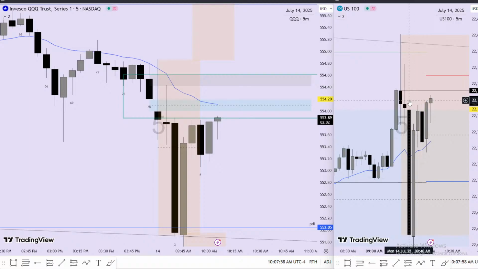That would make it more bullish than bearish. And it will cancel out this leg.